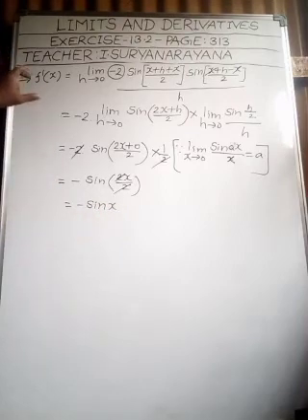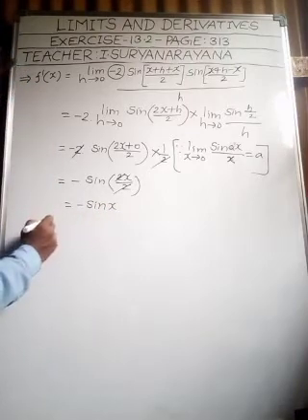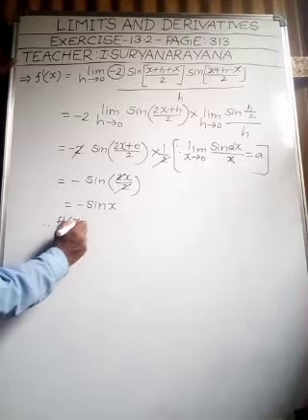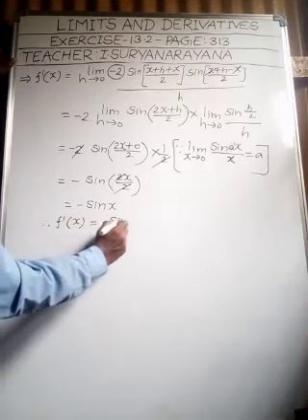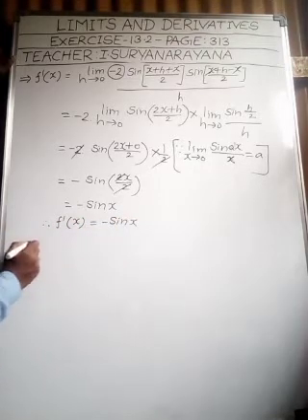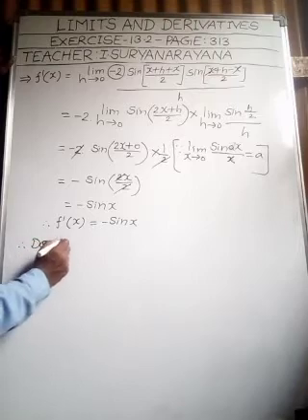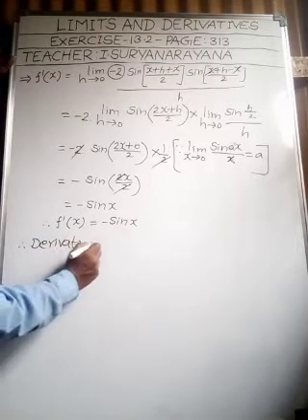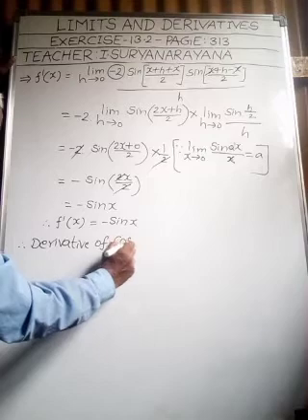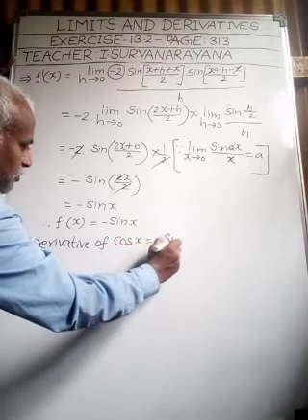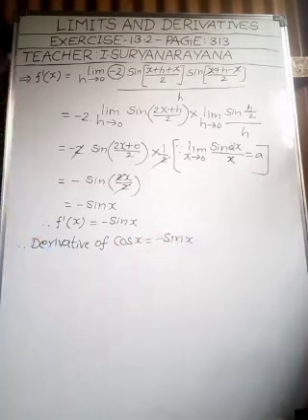This is the derivative of cos x. Therefore, f dash of x is equal to minus sin x. Therefore, the derivative of cos x is equal to minus sin x.